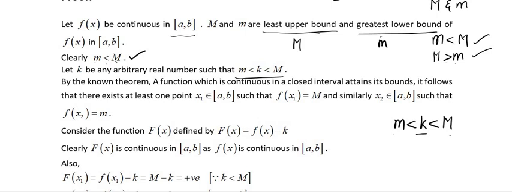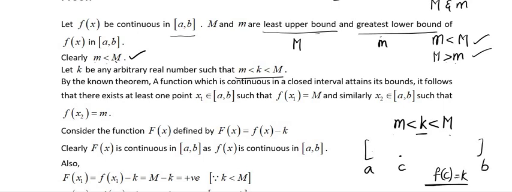Now we want to show that in the closed interval a comma b, consider any point, that is c. We want to show that f of c equal to k. Then the theorem is proved.